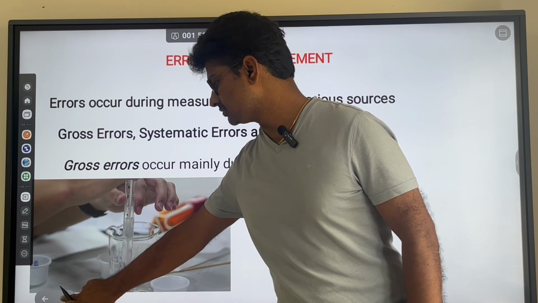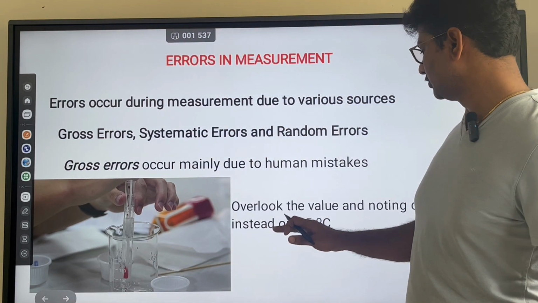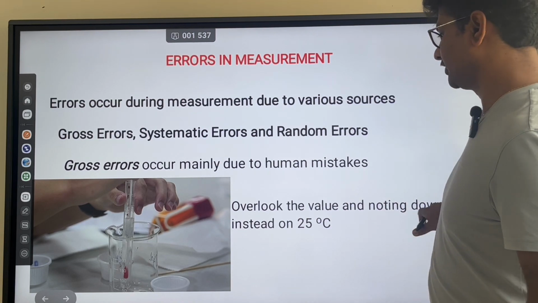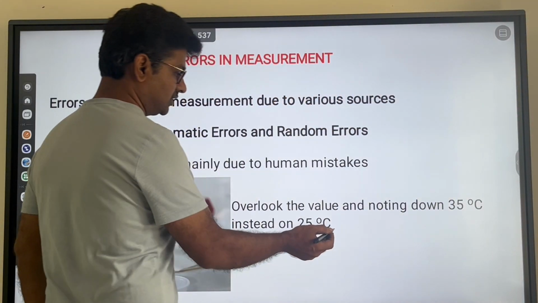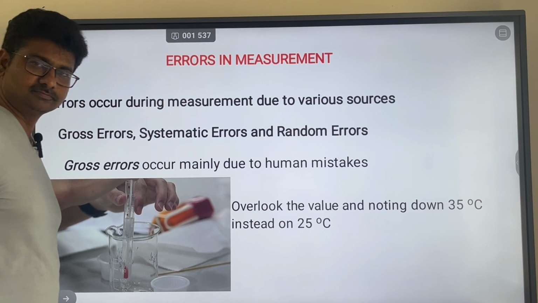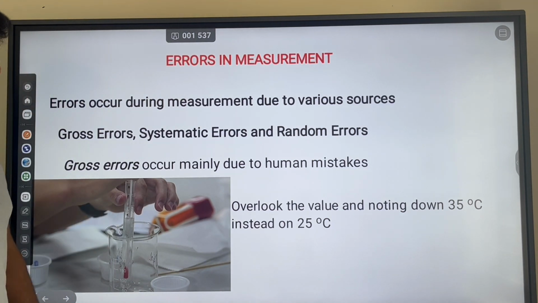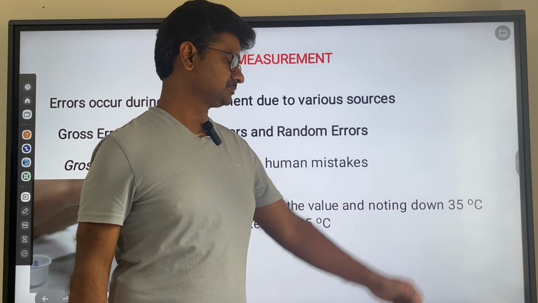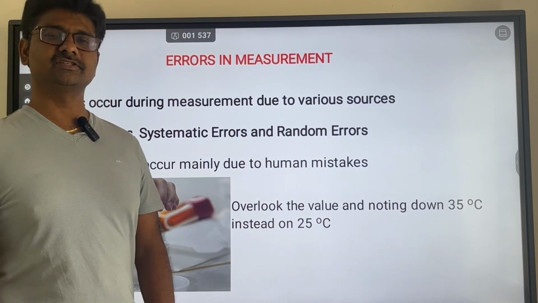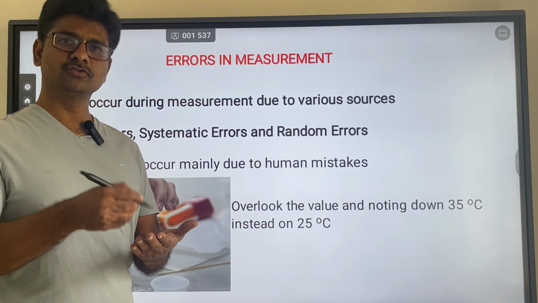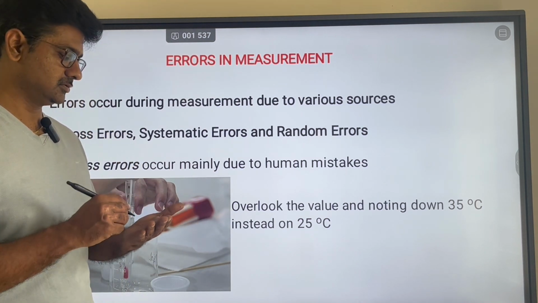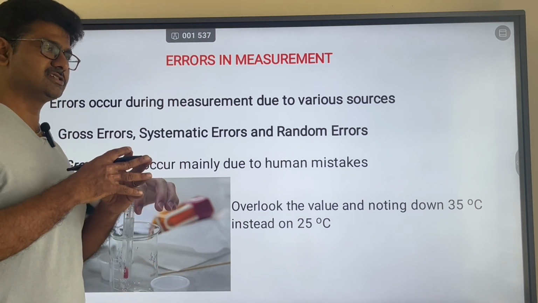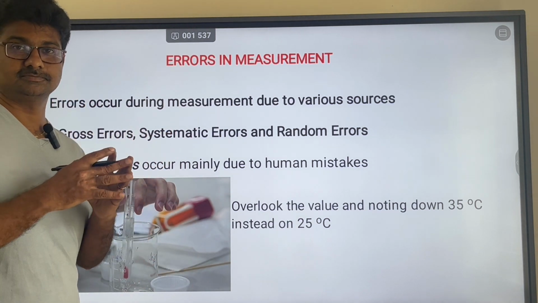Suppose you are using a thermometer, and the actual reading is 25 degrees, which is room temperature, but you note down 35, by overlook. We see something and while noting it down, we note something else. So that's why it's a gross error.